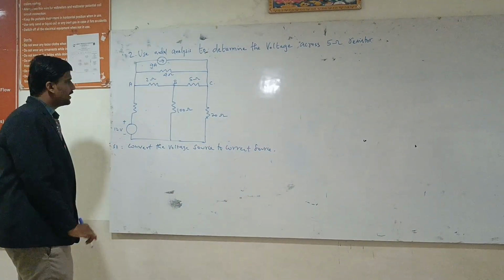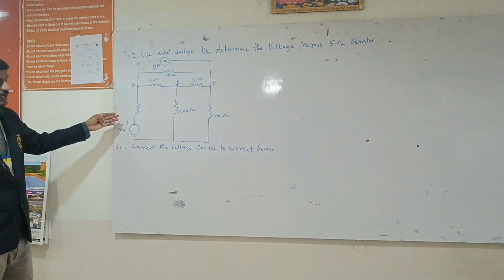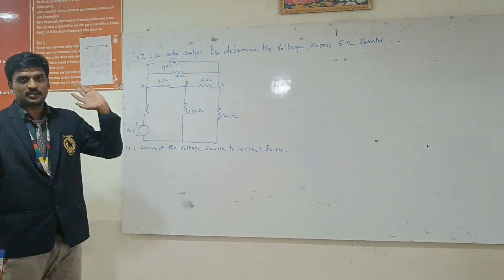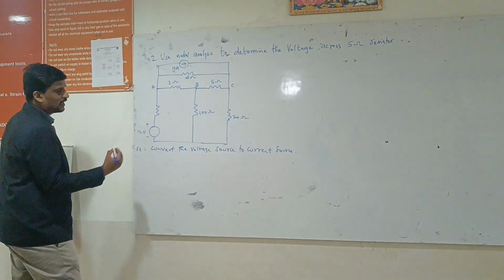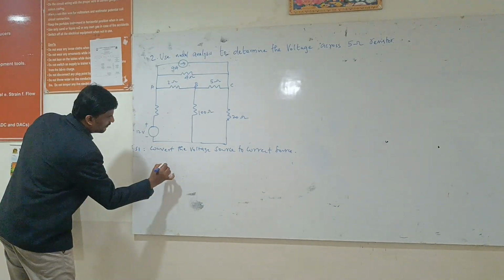So when we have to redraw and convert this to current source, and then solve the problem, we will first redraw the given problem.